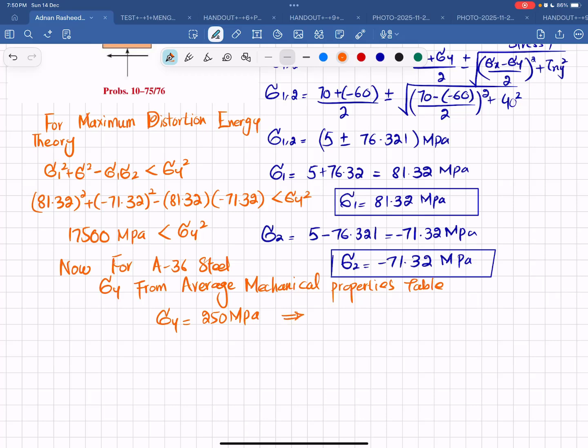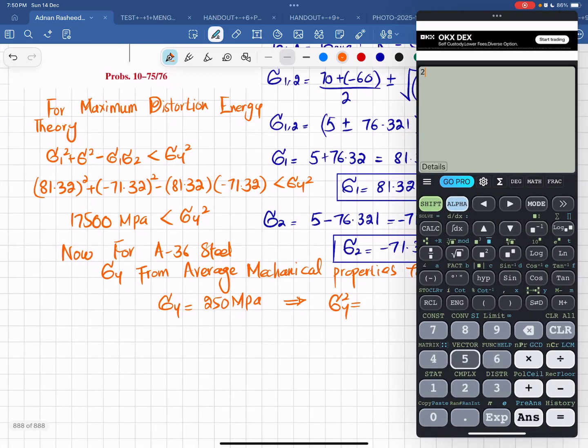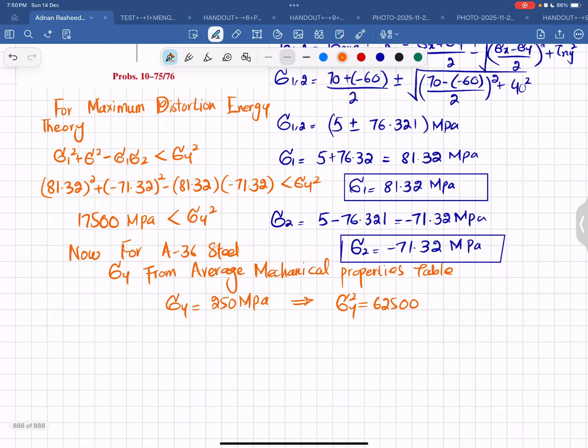And from this, if I want to find sigma y square, what I will do is 250 square, which will give you 62500. Okay, and I have to remove the unit here because it is squared.